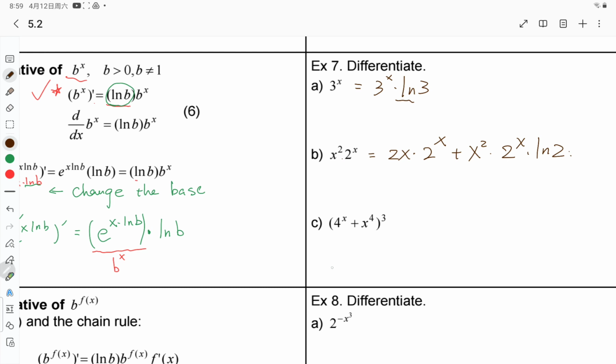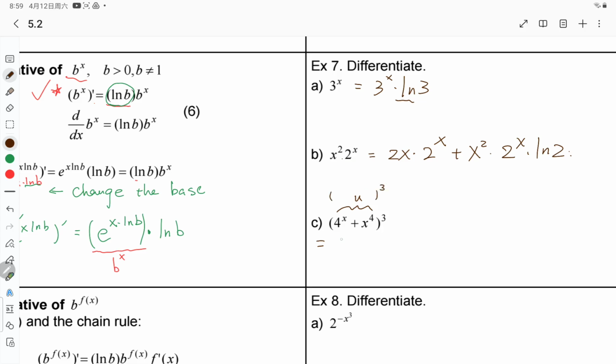And this is again the chain rule. The first layer, this whole thing inside the bracket, will be our u, okay? If you're very familiar, you can directly write. So this is like u to the power of 3, okay?